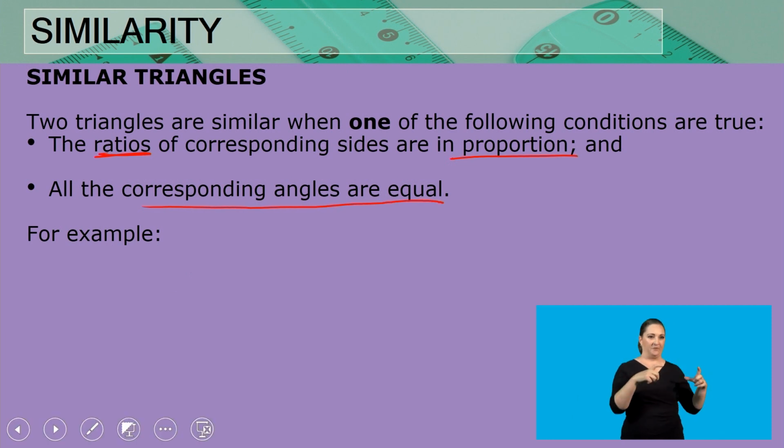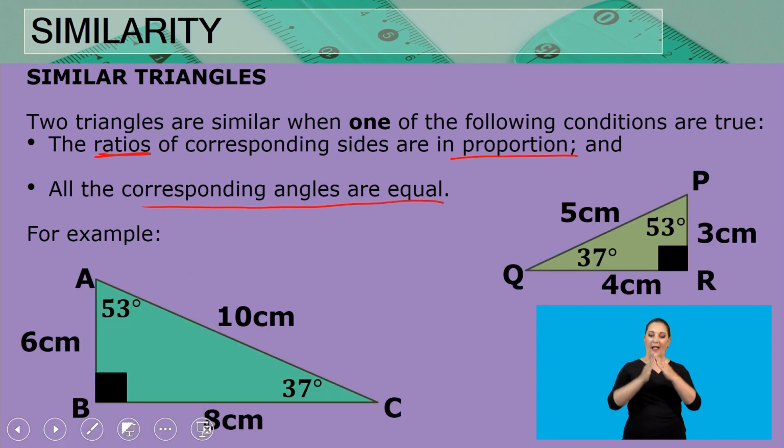Let's look at an example. So we have here two triangles, triangle ABC and triangle PRQ. Now, if these two triangles are similar, one or both of the conditions must be true.